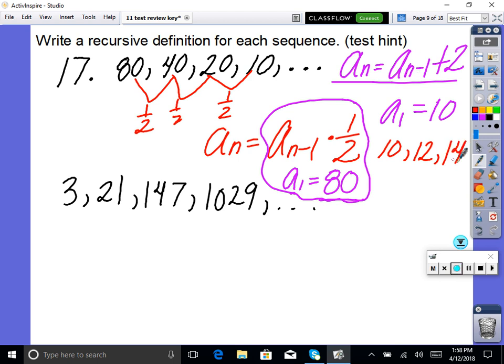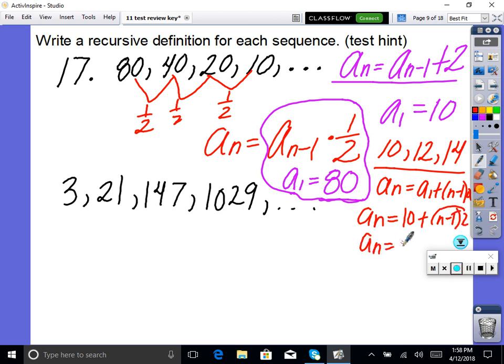Write out a few, and then you'd recognize, oh, this one is arithmetic, and so now you could write an explicit formula, a sub 1 plus n minus 1 times d. So our explicit formula would be a sub n equals 10 plus n minus 1, our common difference was 2, distribute 2 in. So a sub n is equal to 2n, and then 10 minus 2 is 8.